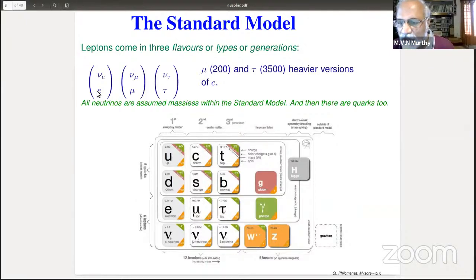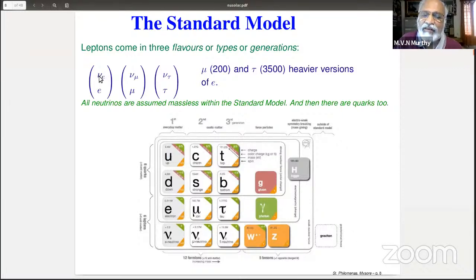Now, within the standard model, all the neutrinos are taken to be massless. While the electron, muon, and tau leptons have masses, the neutrinos are massless as far as the standard model is concerned. And there is another important thing, which is the conservation law: whenever an interaction involves a nu_e in the initial state, the electron flavor is conserved, which means that this nu_e can, of course, go into nu_e itself.